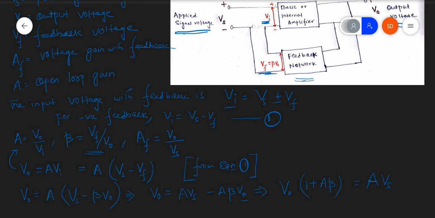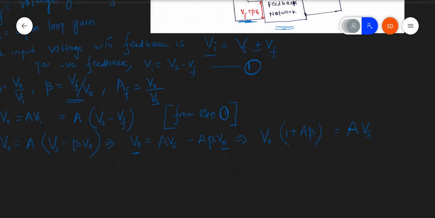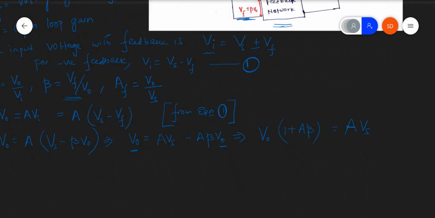Now, what is V naught by Vs? From here we can write V naught by Vs is equal to A divided by 1 plus A times beta.